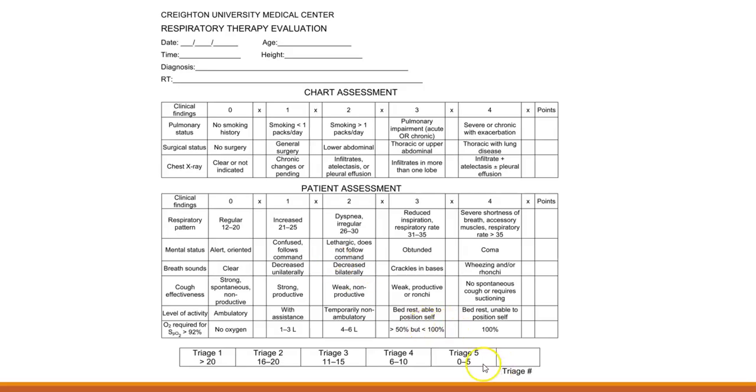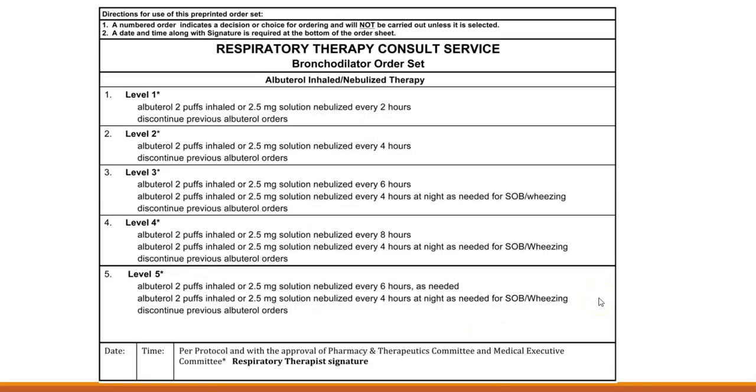So triage 5, we are giving medications as needed if the patient is requesting it. All the way up to level 1, where we're giving medications every 2 hours.